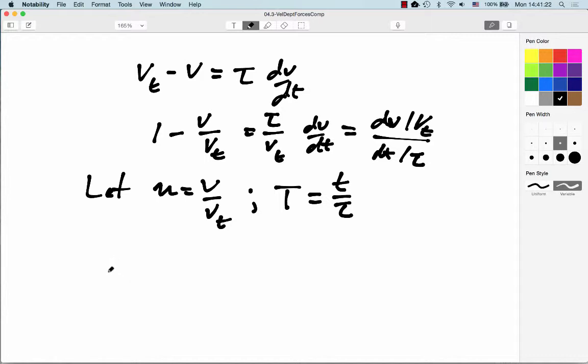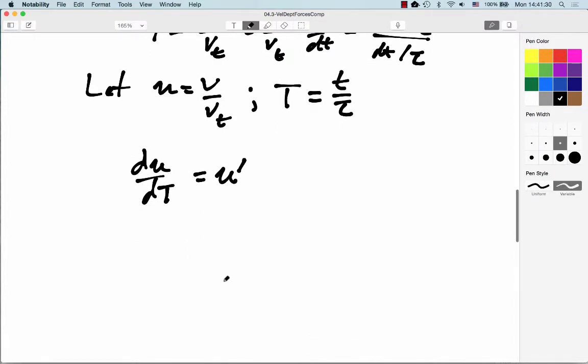And so my equation of motion would get rewritten as du dt, so we'll call that u prime rather than u dot because this is a scaled time that I'm using, is equal to 1 minus u. And then I would go ahead and solve that. Similarly, for a quadratic case, I would just square that up there.